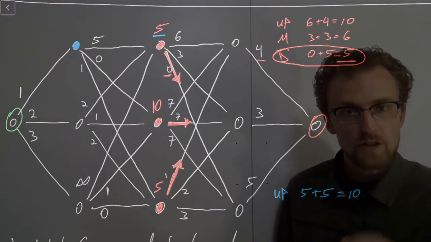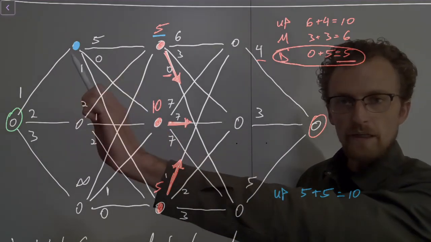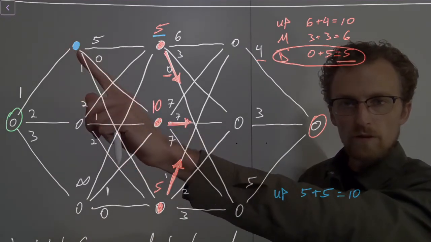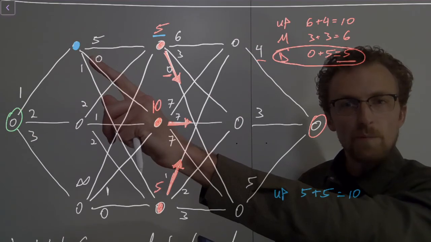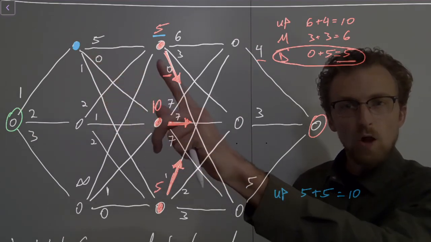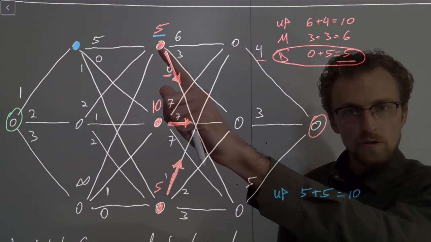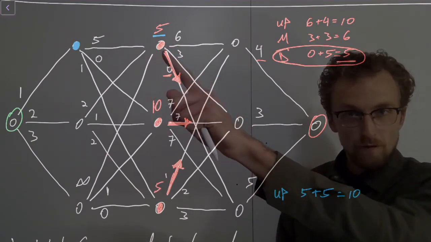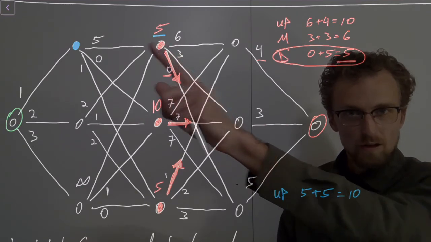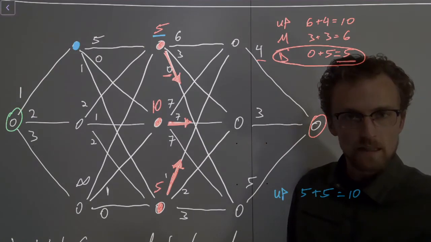So let me pause just a moment and make sure this is clear. What I'm saying is that if I am here at this node, this blue node, and I'm trying to understand what is the cost of going up, because I've already recorded the cost from this node, all I have to do is add the cost that will result from a path from this node to the cost of getting to this node, and now I know the cost of getting to the end.